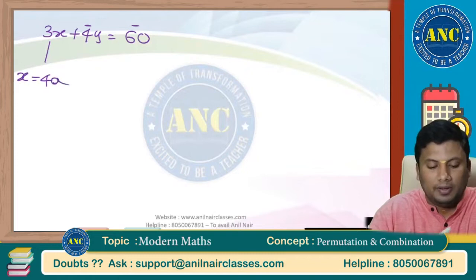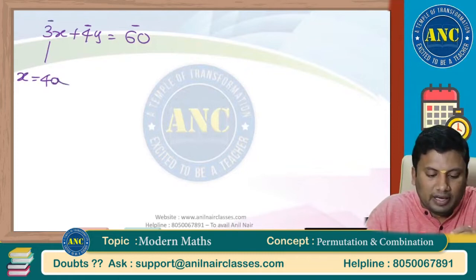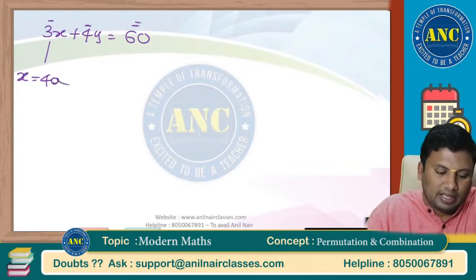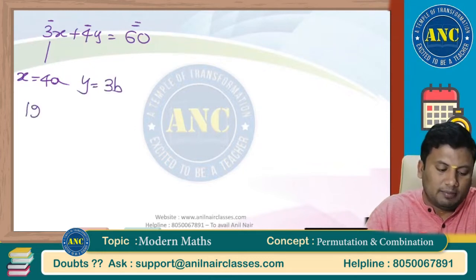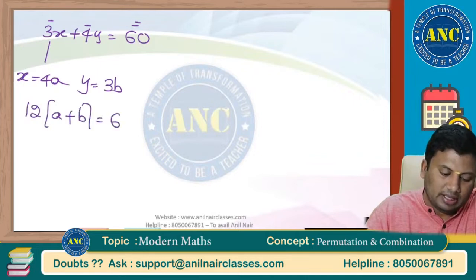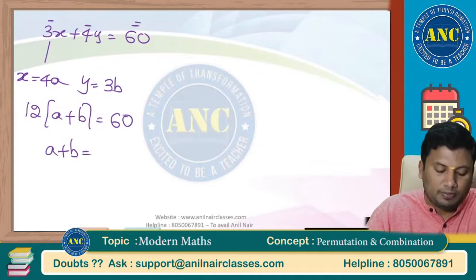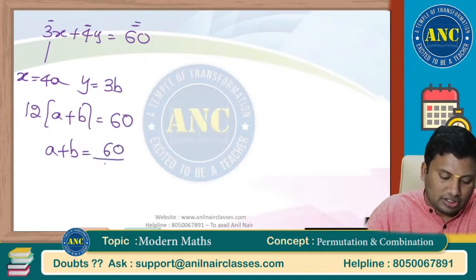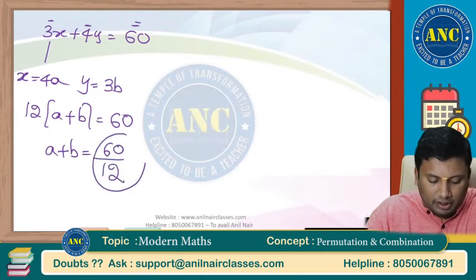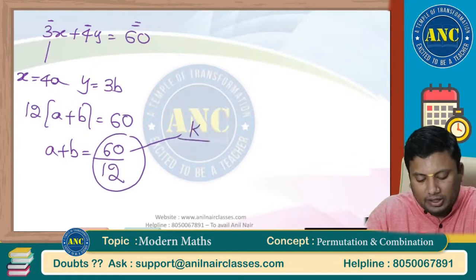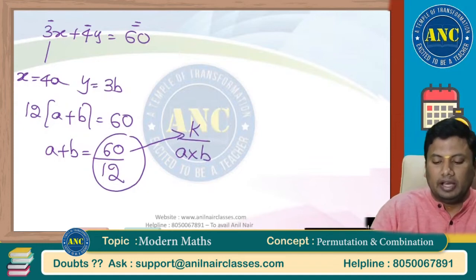This is divisible by 3, this is divisible by 3, so y should be divisible by 3. This is nothing but 12 into A plus B, which is 60. A plus B is 60 by 12, which is K by A into B.